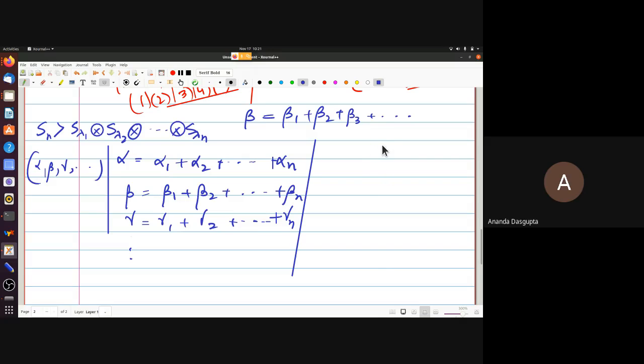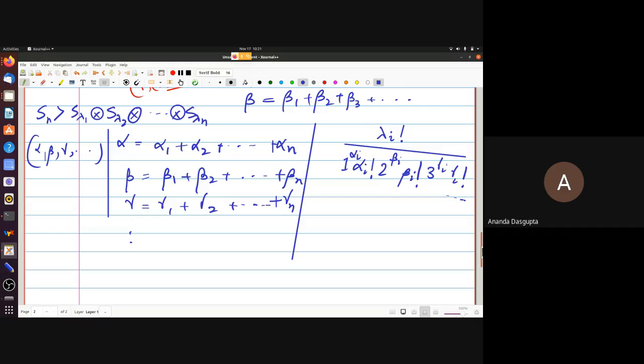So if you focus on, say, a particular subgroup S lambda i, the number of elements with alpha i, beta i, gamma i there is simply going to be lambda i factorial by 1 to the alpha i, and so on. These are the number of elements in this particular class in S lambda i.